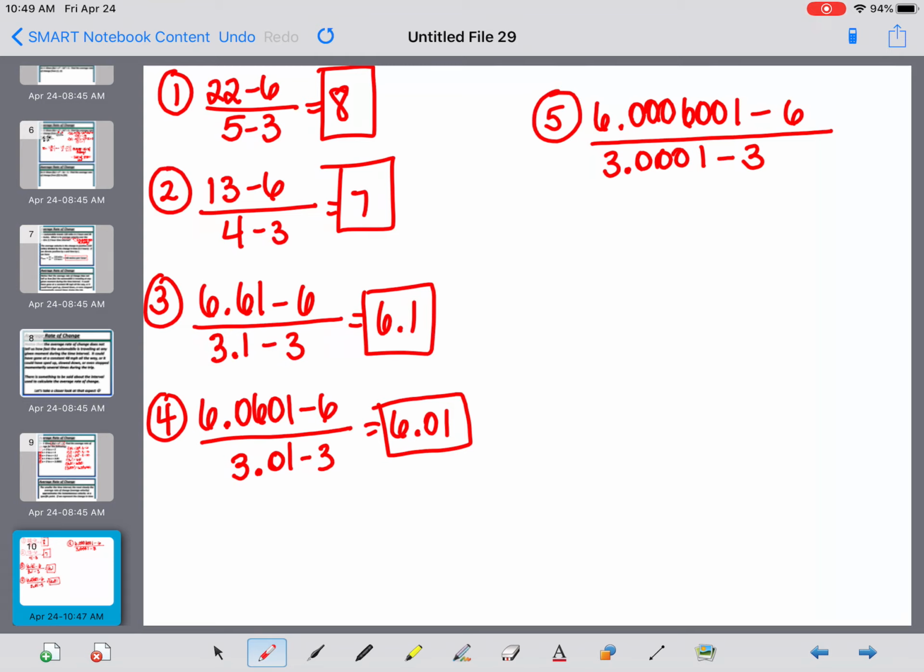Okay, and you can already notice perhaps a pattern here as you're solving each one of these.